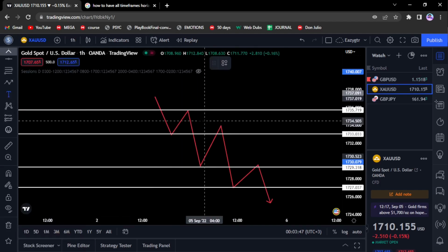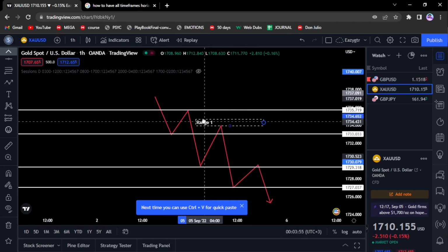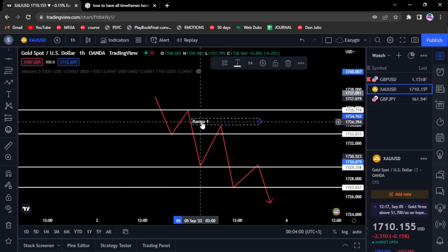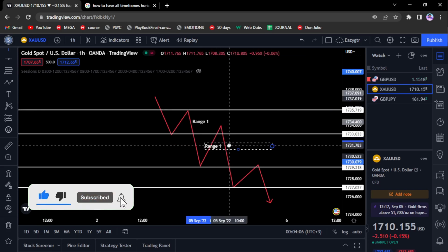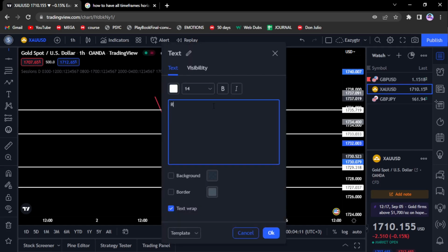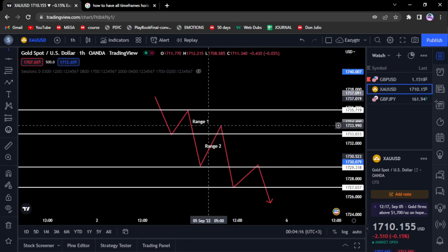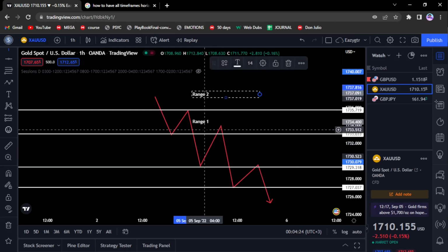Okay, so here we had our range 1 where we could only take sales, then we have our range 2. Okay, sorry for that, it's not range 2, range 2 is above here, this is our range 1.